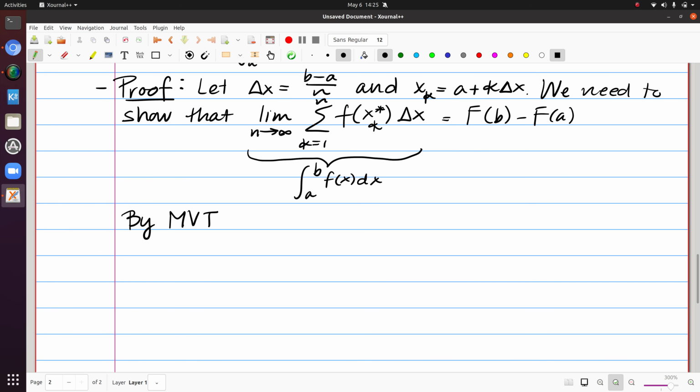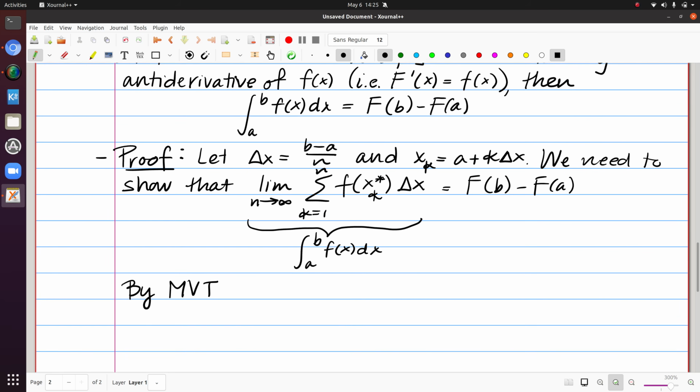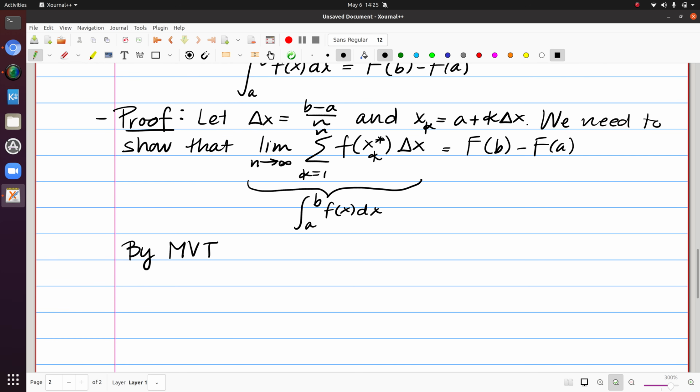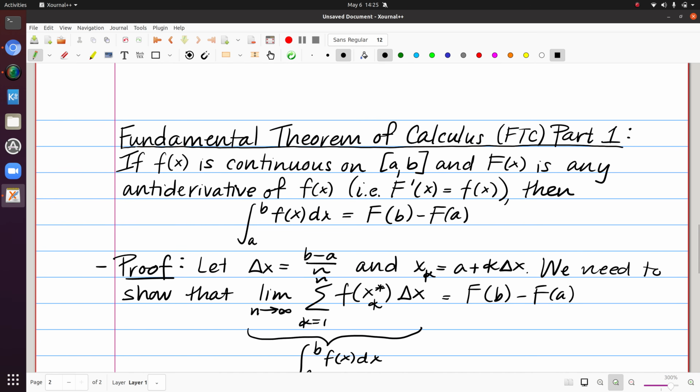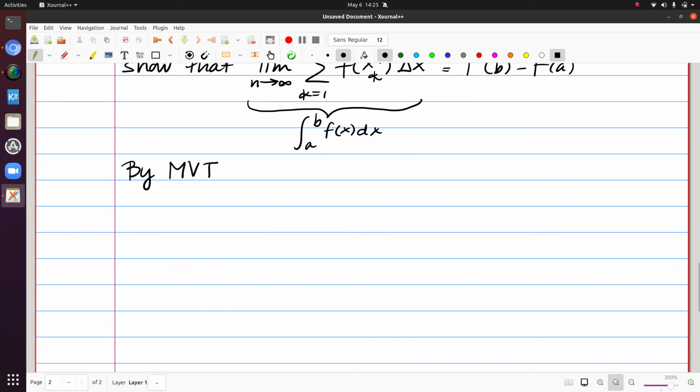So by the mean value theorem, first of all, when we're looking at the function big F, we know that big F is differentiable simply by the very notion that we've defined it as an antiderivative. So the mean value theorem is applicable to big F because it is differentiable.